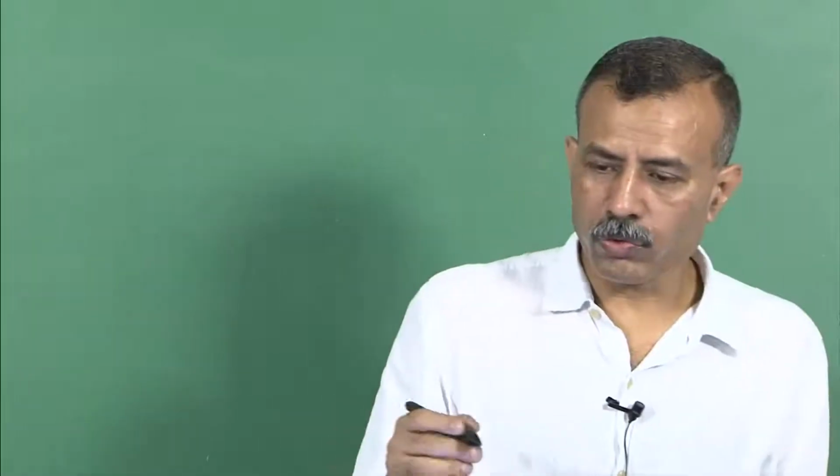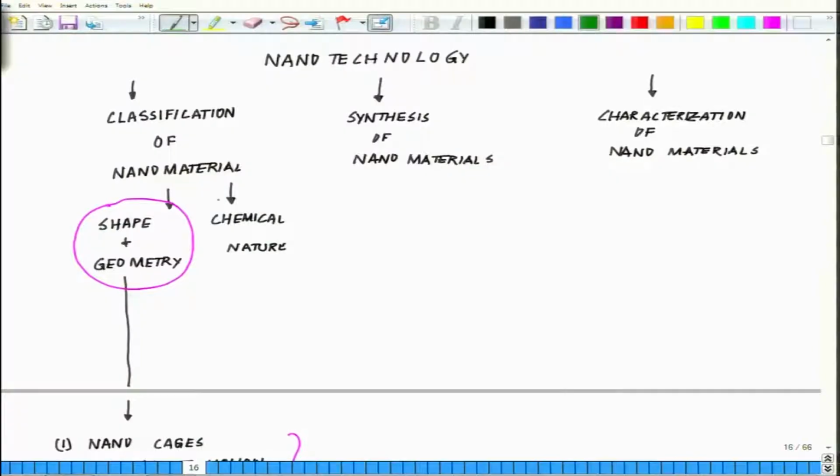Now from here we will move on to the second level of classification, which is the chemical nature of classification.